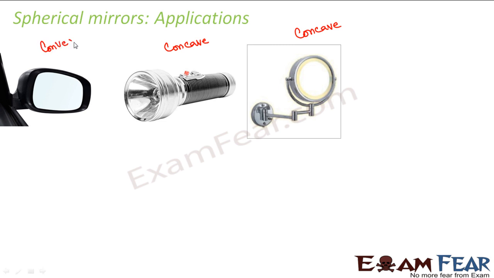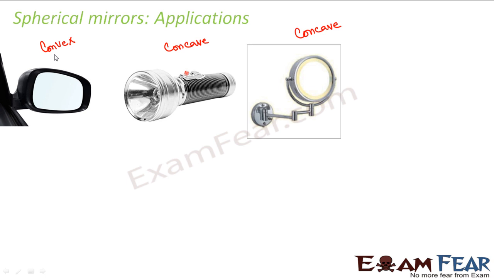So which mirror will give you diminished images? Convex mirror. Now you might say that in the case of a concave mirror also we got diminished images. But in that case we got diminished images only for certain object locations, right? Only when the object was located at infinity or far beyond the center of curvature, only then we got diminished images. But if the object was quite close to the mirror, we got enlarged images.